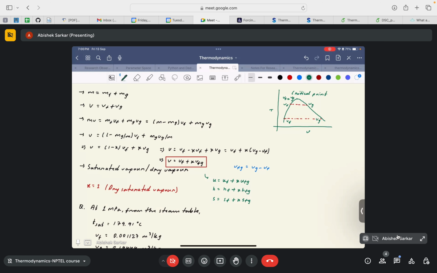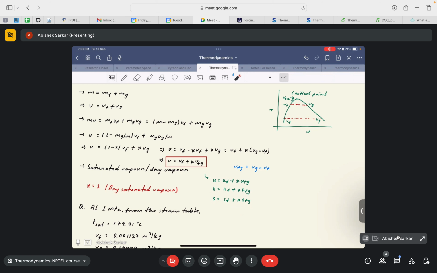Professor Anand mentions that he will not be discussing entropy right now, because we have not yet discussed the second law of thermodynamics and correspondingly not understood what entropy really is.